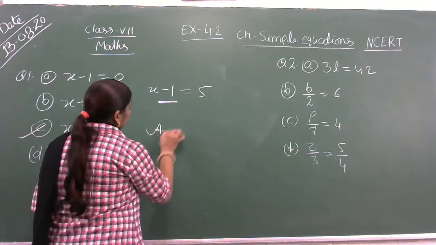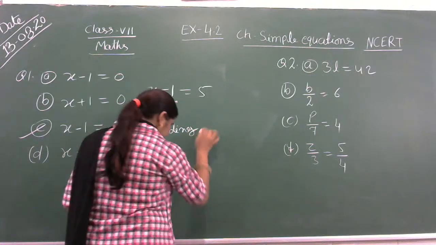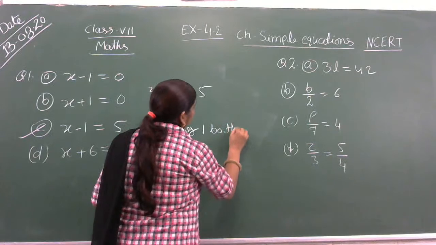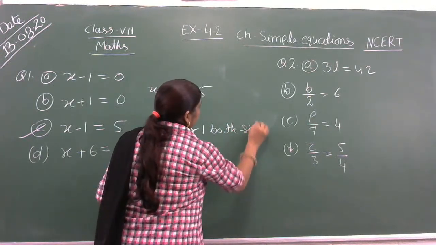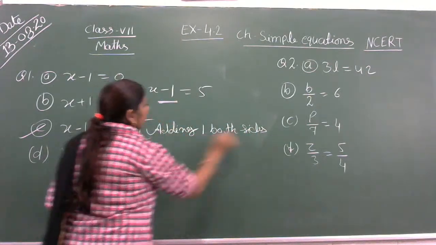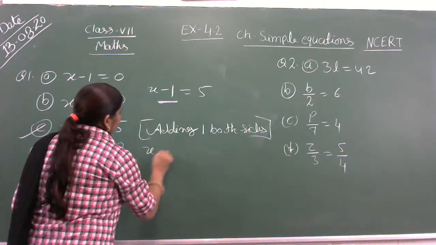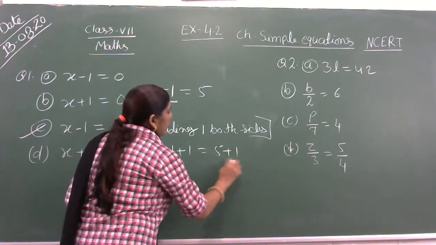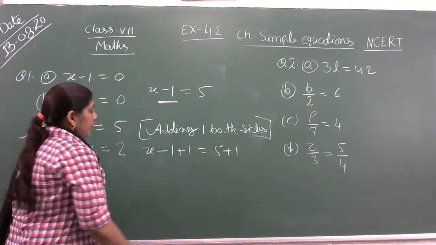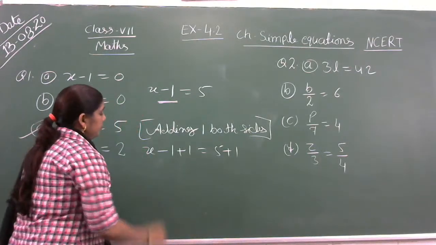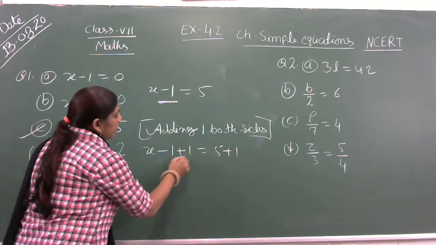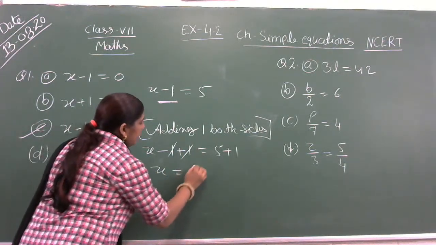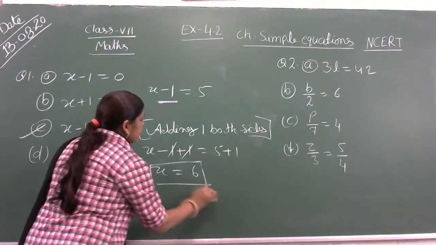Adding 1 to both sides. x minus 1 plus 1 equals 5 plus 1. Both sides we have to add it. So x here, plus 1 and minus 1 cancel. So x equals 6. This is your answer.